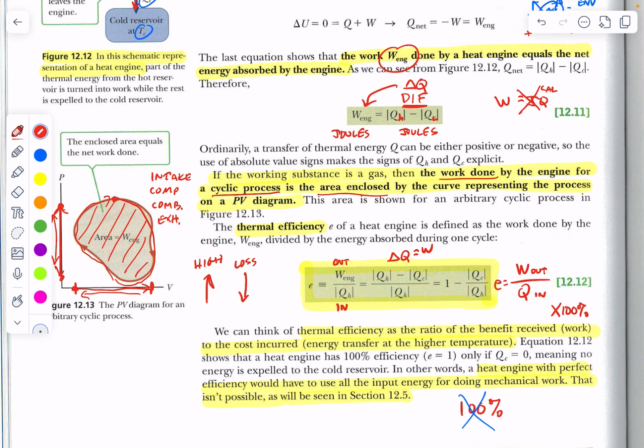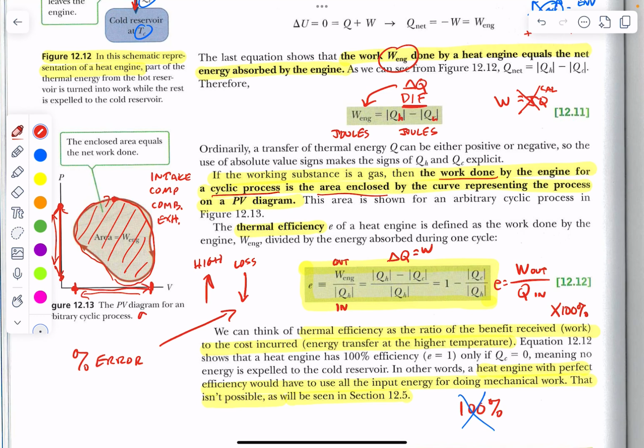So keep in mind that some of these ratios, sometimes we talk about our percentage error. Our percentage error would be heat loss, or the energy that's not doing work for us. Then we have the percentage of the good stuff. The good stuff is what we want. We want high efficiency engines that convert the maximum amount of heat into the mechanical workings of the device.